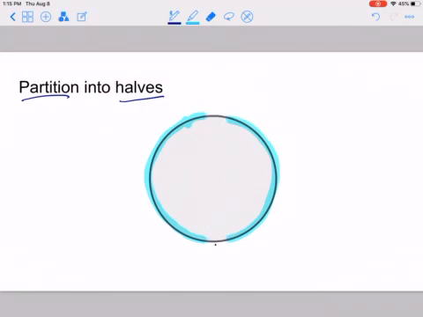We're partitioning it into two equal pieces. And it might not be perfect on the video, but we're going to do our best, okay? So 2 equal pieces. So this is piece 1, and piece 2, okay? The 2 equal pieces. So we have halves.